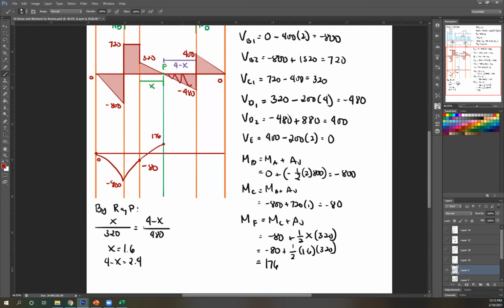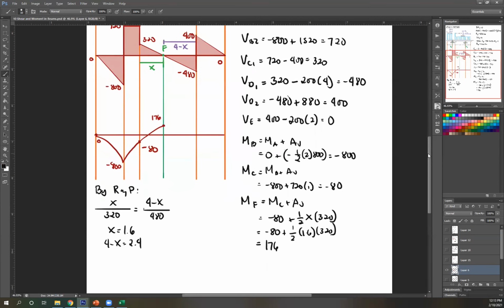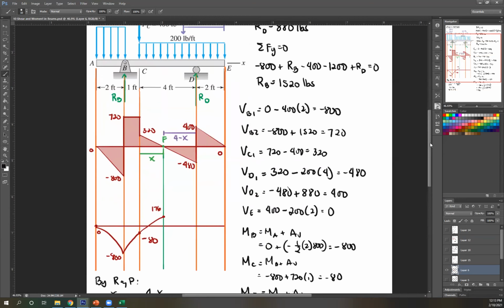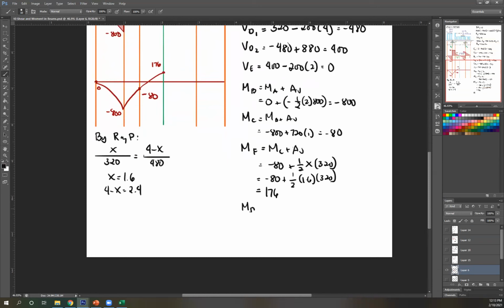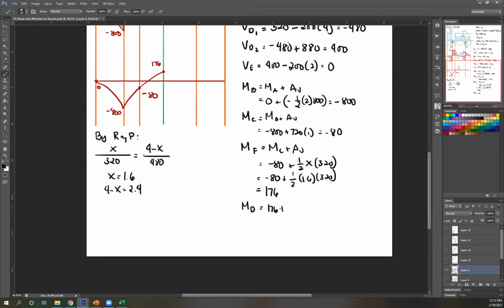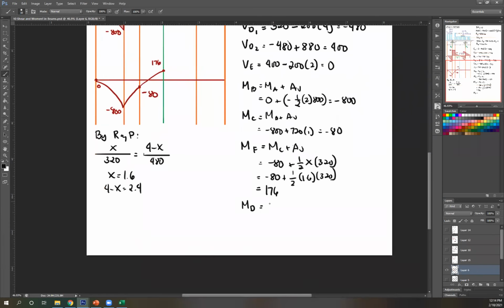Next, from 176, I have a negative area since it's below your reference line. So my moment for this section, again using our equation, let's call that moment at D. MD equals MF plus area. So MF is 176 plus.